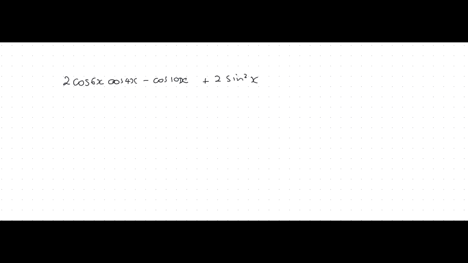So this one that I'm doing, we will be using compound angles a lot. So please pay attention. For the first one, we can just leave it for now and try to manipulate the other ones.